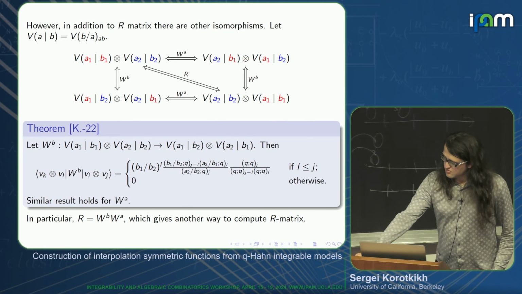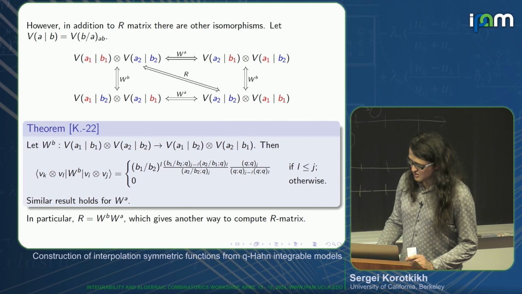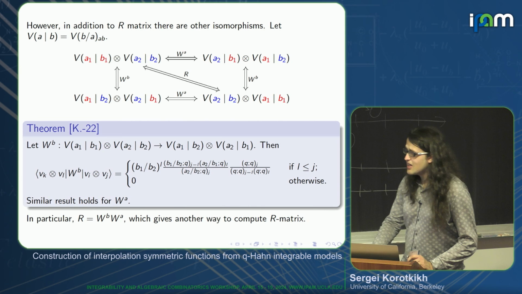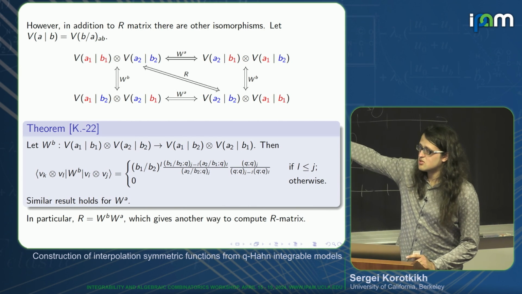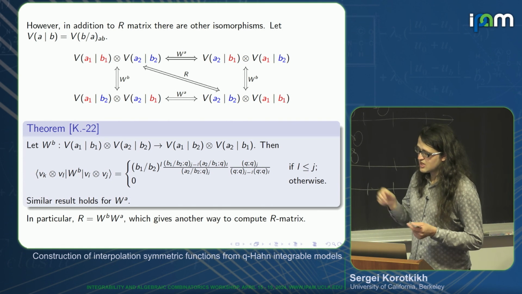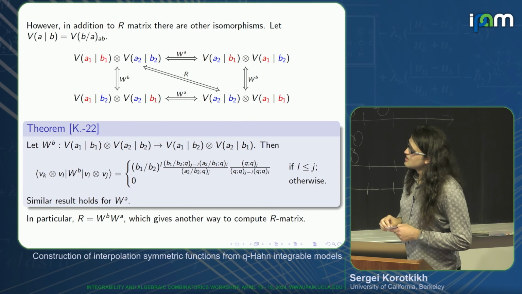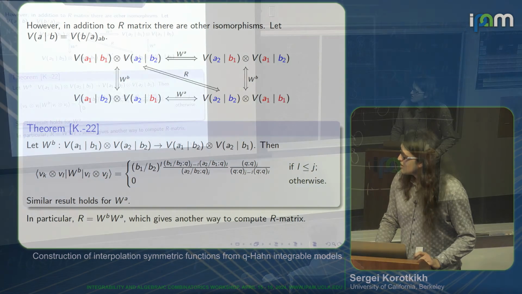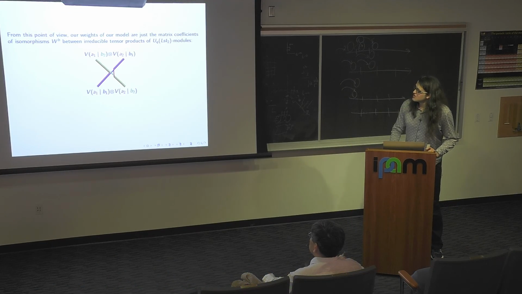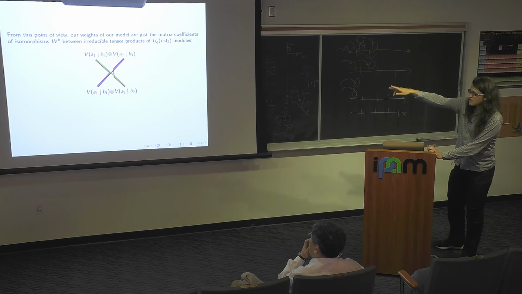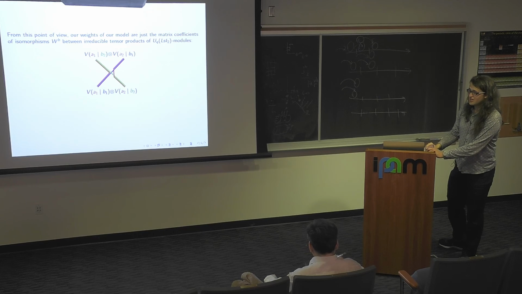And the bottom line here is that all this model and all these weird parameters, alpha, beta, and x, some of which were along the zigzag path, all this is actually coming from just looking at these representations and trying to see what will happen if we take these matrix coefficients and combine them in some natural way. Namely, the way you should interpret one vertex of that model is that at each edge you have some representation living there.